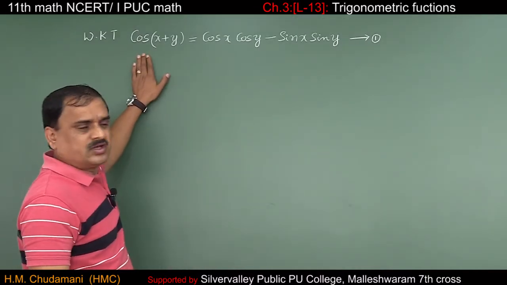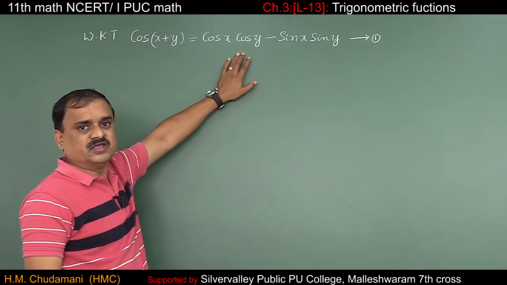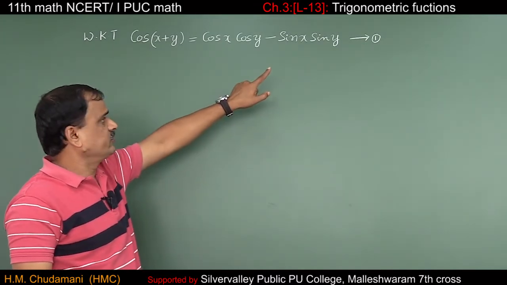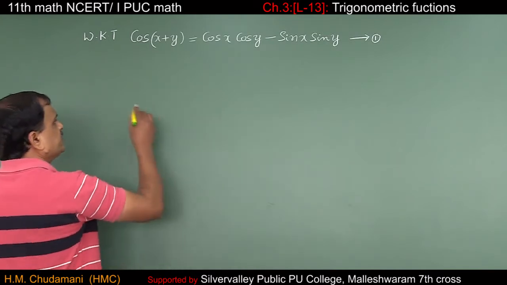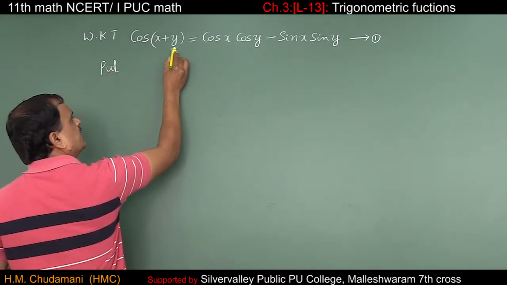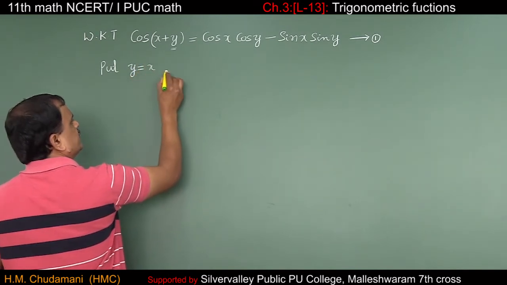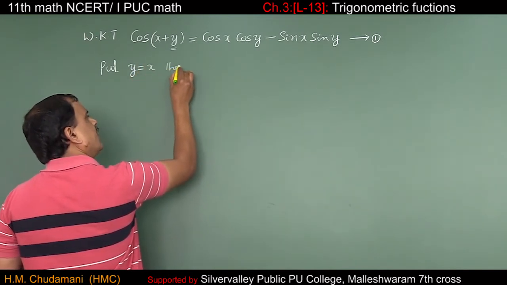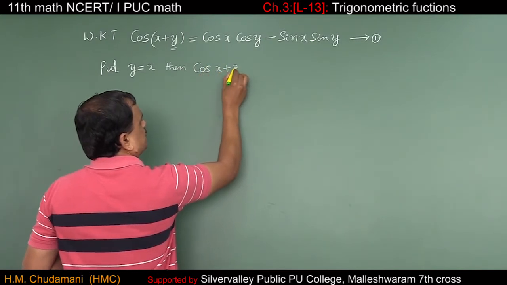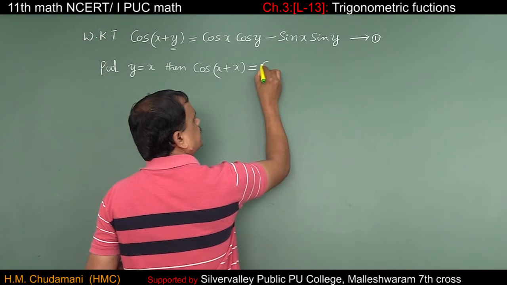We know that cos of x plus y is equal to cos x cos y minus sin x sin y. Just now we have proved this result. So in this one, you just replace y as x, put y is equal to x. Then cos of x plus x: wherever you find y, you just replace x.